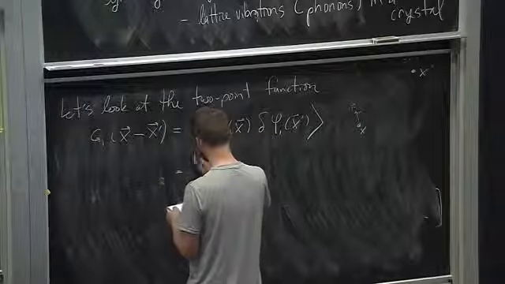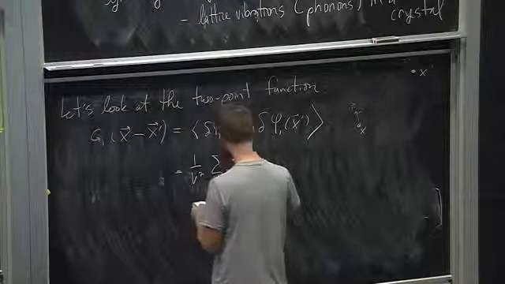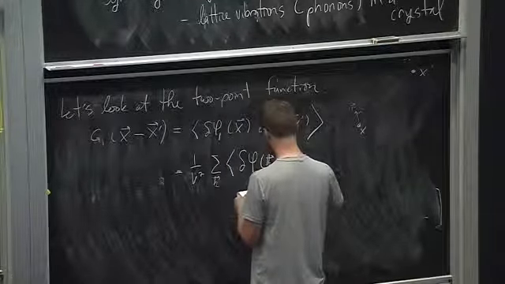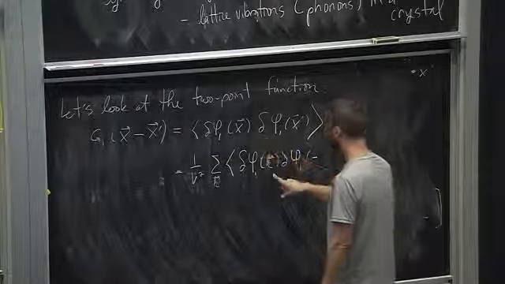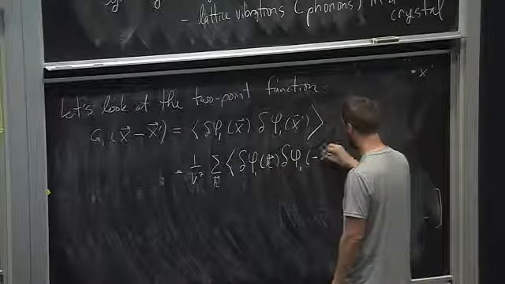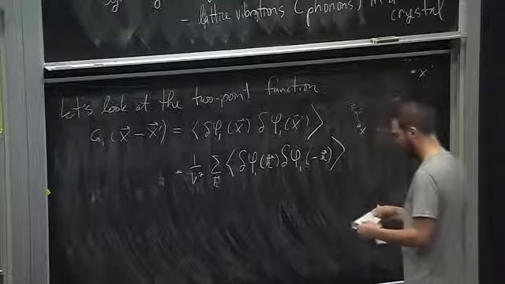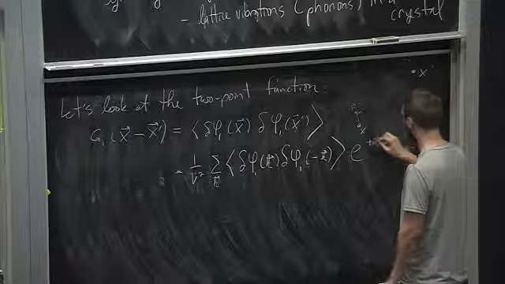Let me just Fourier transform this. It turns into k and minus k, remember? And e to the minus i, no, plus i.